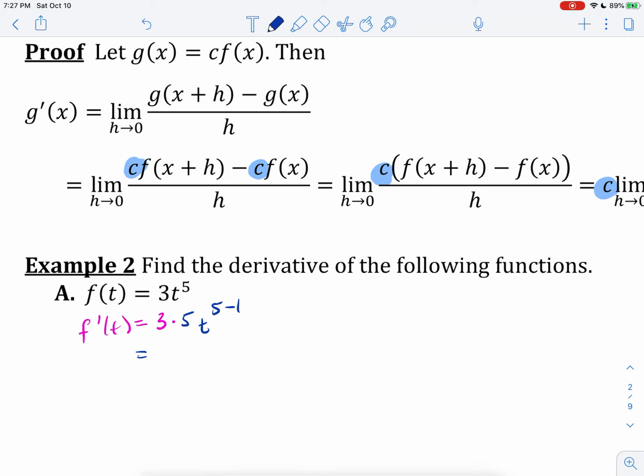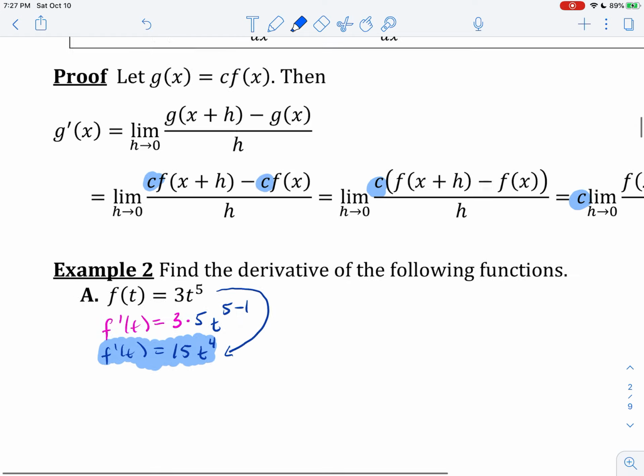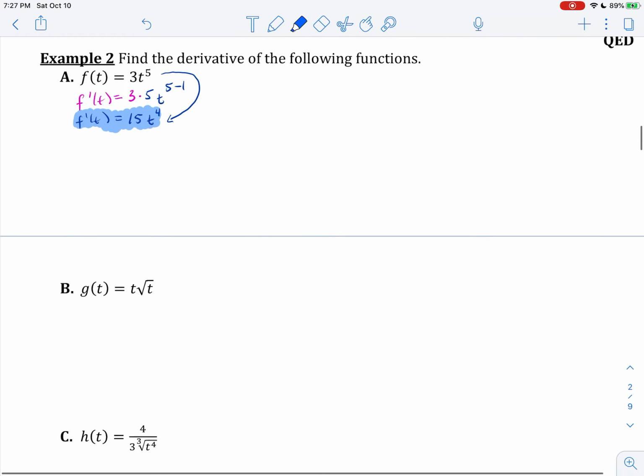And then I can simplify that. 3 times 5 is 15, and t to the 5 minus 1 is t to the 4th. And that's what our f prime of t is going to be. That's not so hard. You do want to get into the habit of going from this step to this step. And so you can just take 5 times 3 and say it's 15, and then just remember to subtract 1.